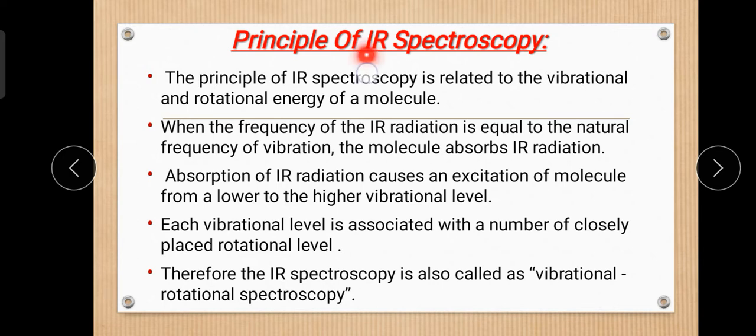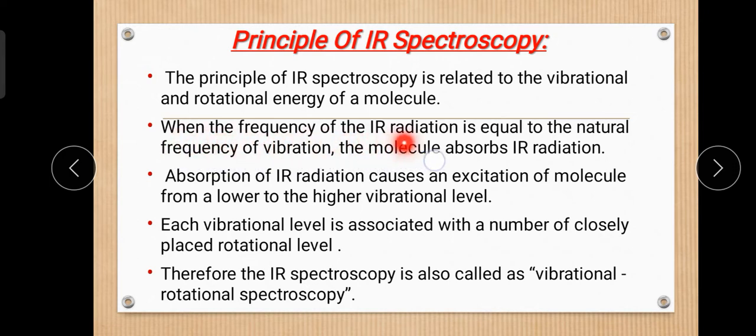But in infrared spectroscopy we relate only to the vibrational and rotational energy levels, because the frequency corresponds to the vibration of the particular bond in the molecule and its rotation.